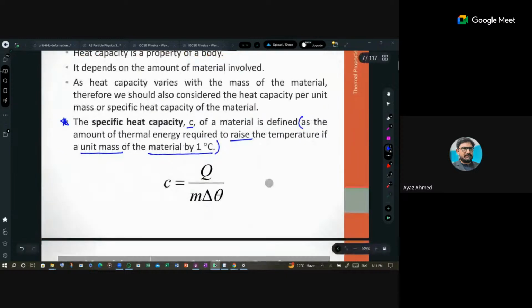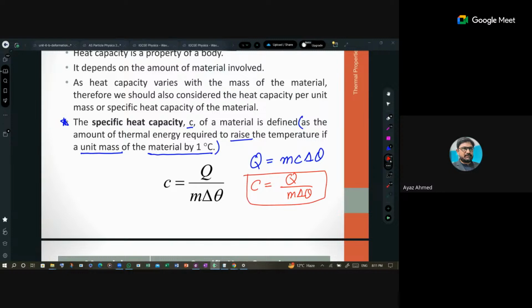This is the equation I initially stated: Q is equal to mc delta theta, or Q is equal to mc delta T. So from here, c is equal to Q divided by m delta theta. This equation consists of mass.